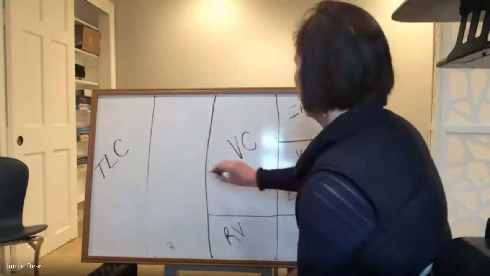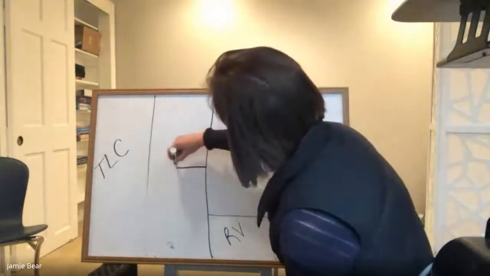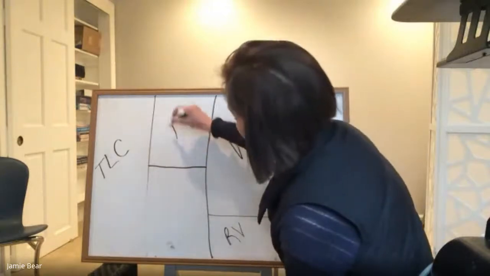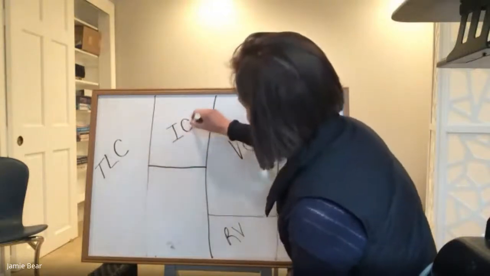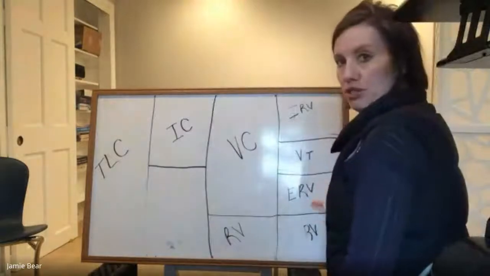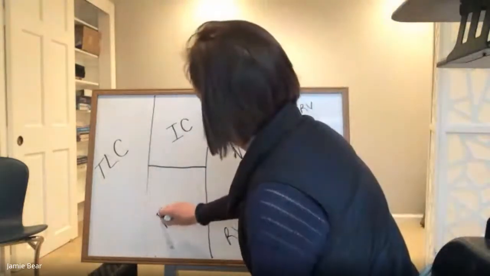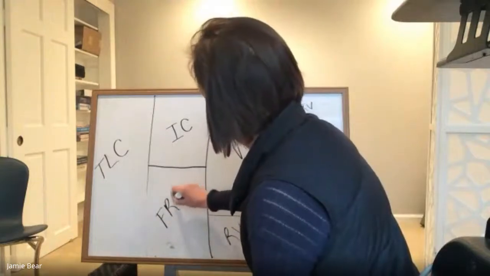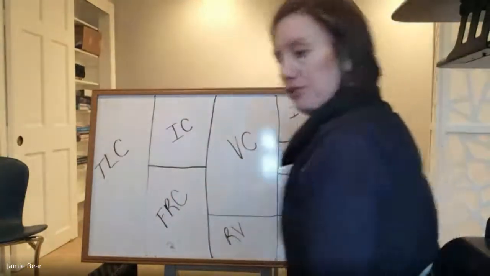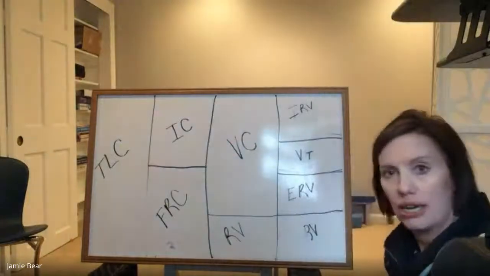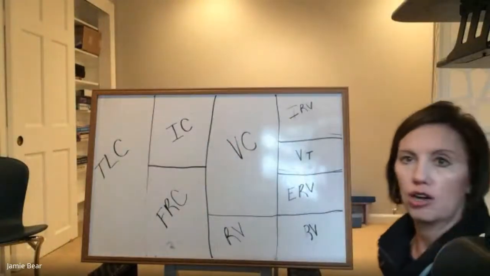So IRV and tidal volume make up our inspiratory capacity. And then expiratory reserve and residual volume make up our functional residual capacity. Okay, so just drawing that multiple times will really help you all understand it.